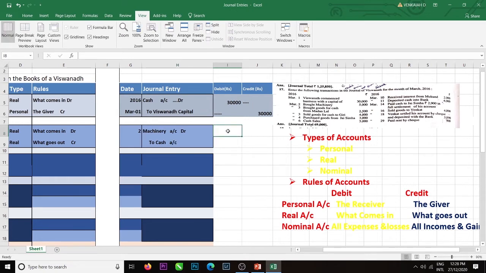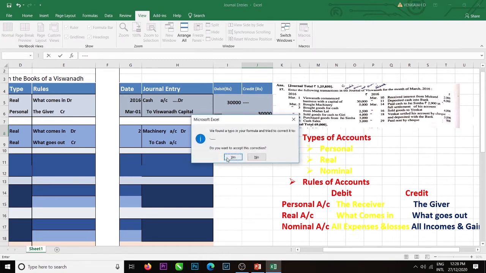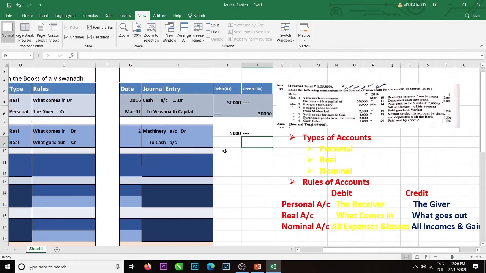Machinery is 5,000. Debit. Credit amount dash. Debit amount dash. Credit amount is 5,000.